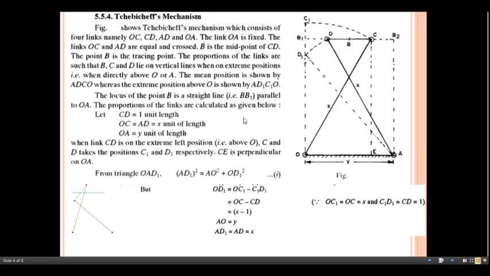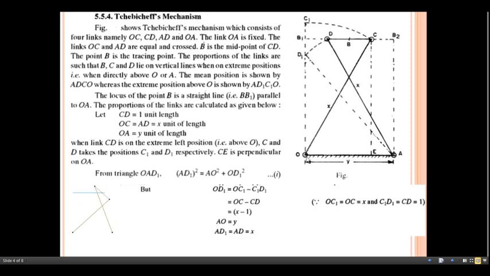Now let us consider the link CD on the extreme left position. C will shift to C1, and at the same time D is shifted to D1. Now CE is perpendicular; from the construction, CE is perpendicular to OA.